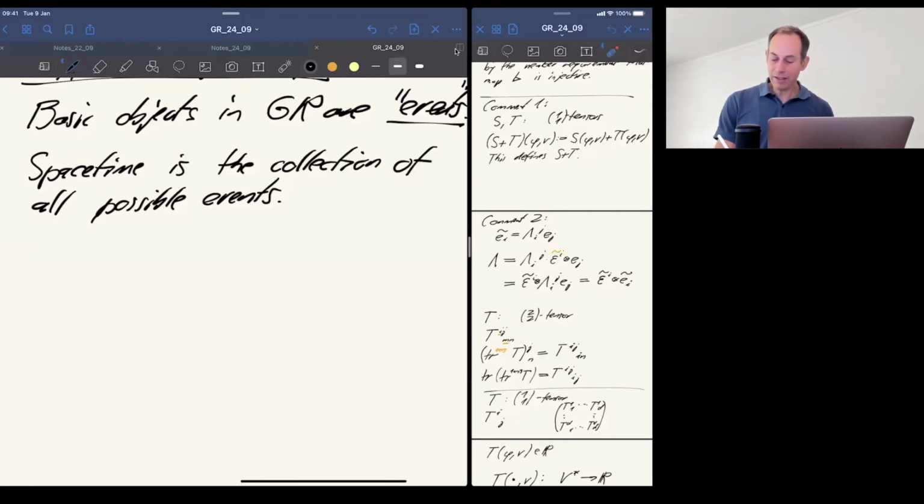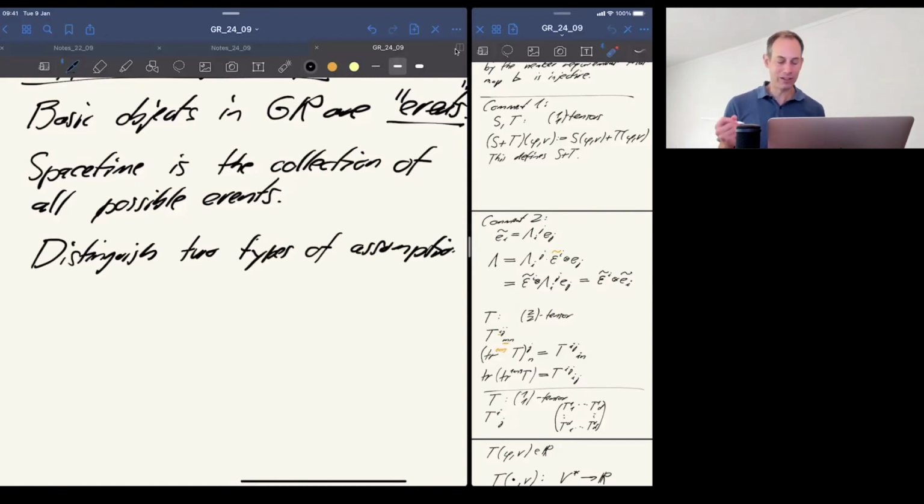But I will want to be a bit more precise and distinguish two types of assumptions. This is not a mathematically precise distinction because it's a physical one. I mean, the assumptions come from physics. They are not themselves justifiable with mathematics. But when we have a mathematical model of our physical world, we usually make certain assumptions that are really motivated by physics. So there are certain, so to speak, physically motivated ones.